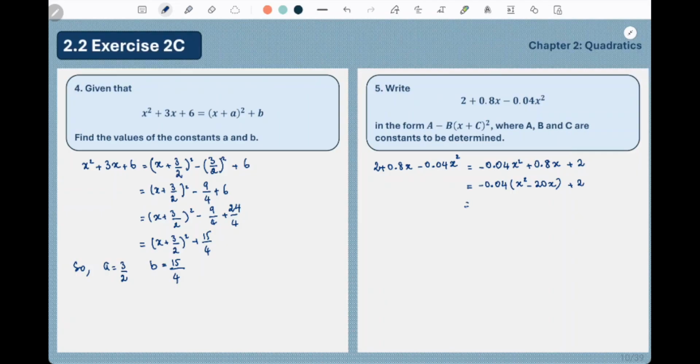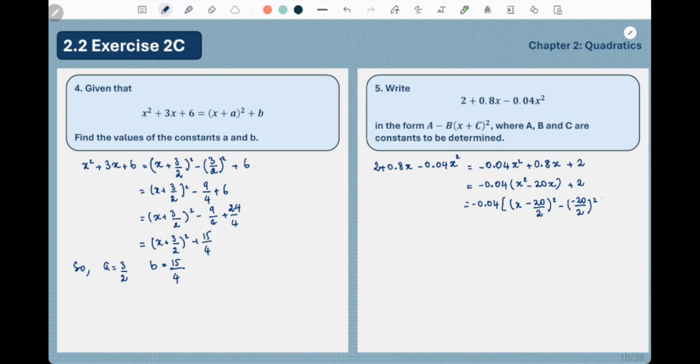Okay, so now we can get to work. Applying the formula, I'm going to have my big bracket over there, x minus 20 over 2 squared minus 20 over 2 squared, because in this case b is minus 20, so I'm applying the formula from earlier.